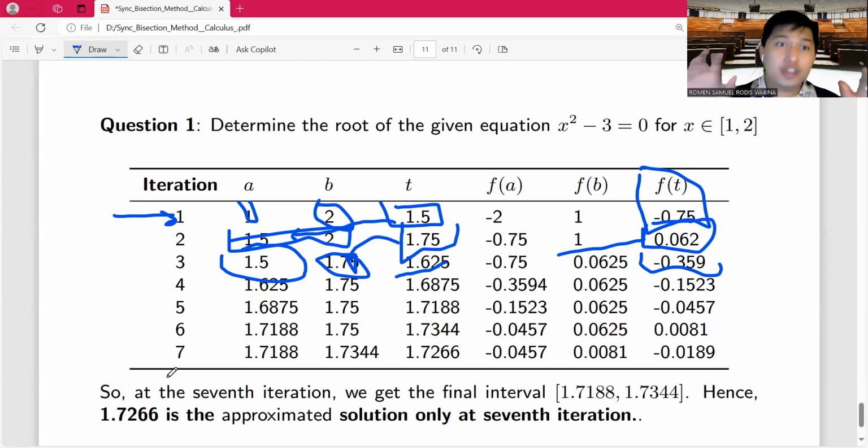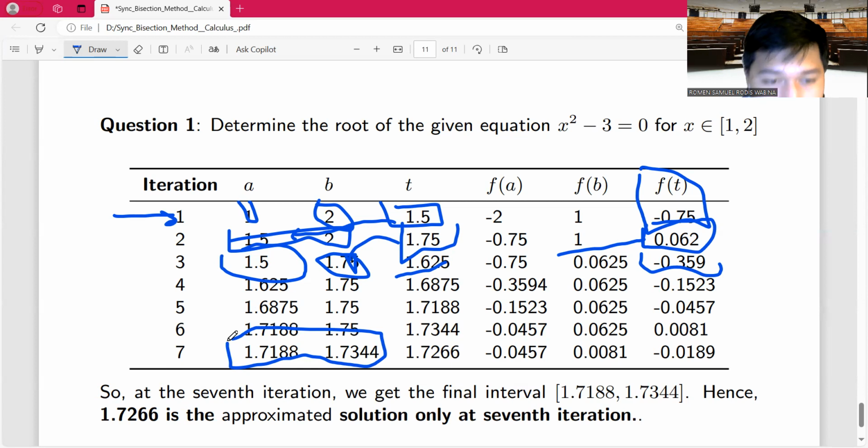For this example, I just provided until the seventh iteration. At the seventh iteration, we get the final interval 1.7188 to 1.7344. By the intermediate value theorem, it contains a root, which is 1.7266, and 1.7266 is the approximated solution only at the seventh iteration.